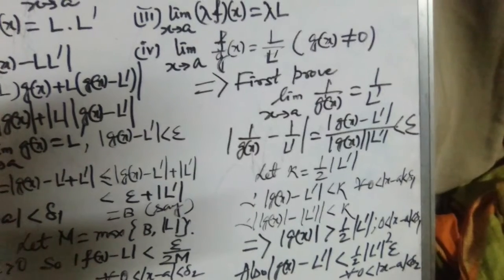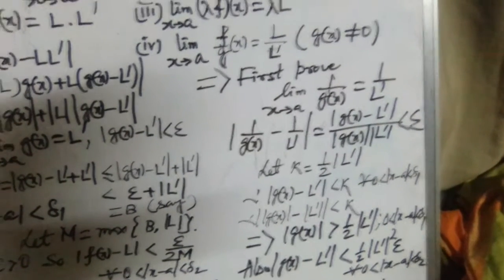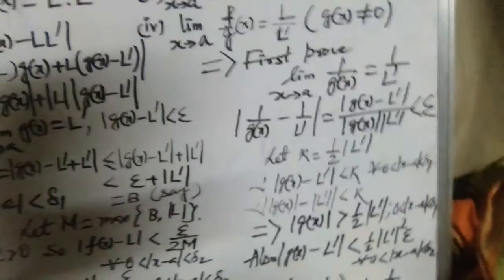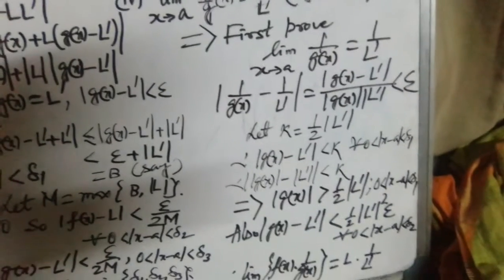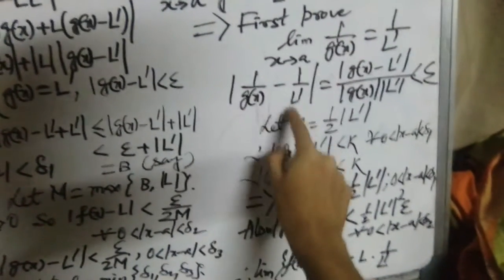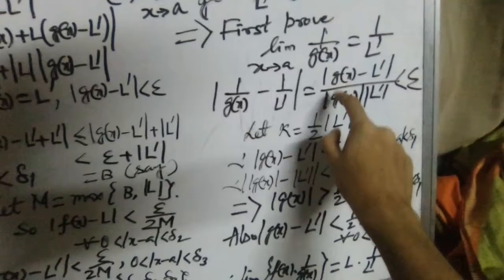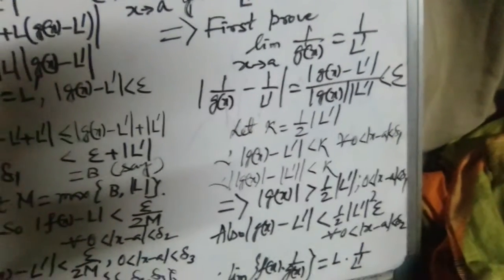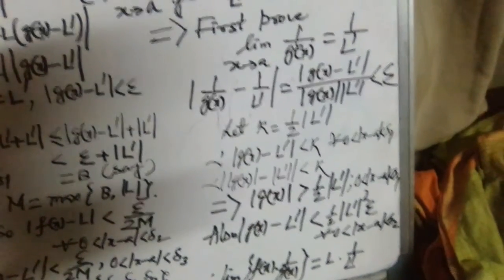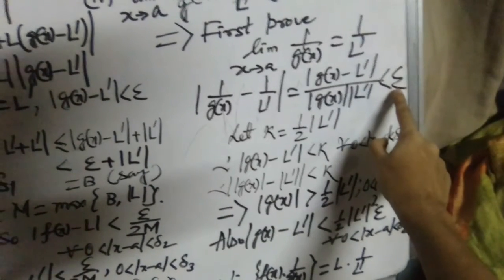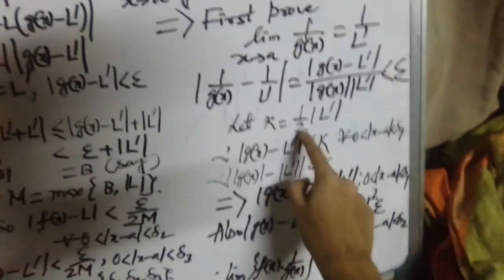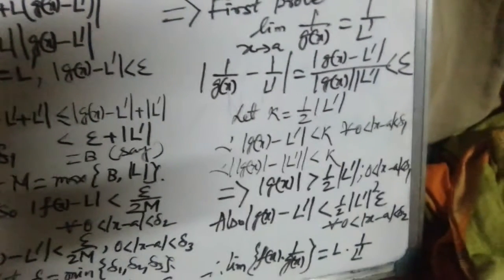I can give a small idea. First, we have to prove that the limit of 1 by g(x) equals 1 by L prime. So the difference 1 by g(x) minus 1 by L prime equals the ratio of |g(x) minus L prime| by mod g(x) into mod L prime, which is less than epsilon. We have to prove this. So first of all, we can consider k equals half of mod L prime.